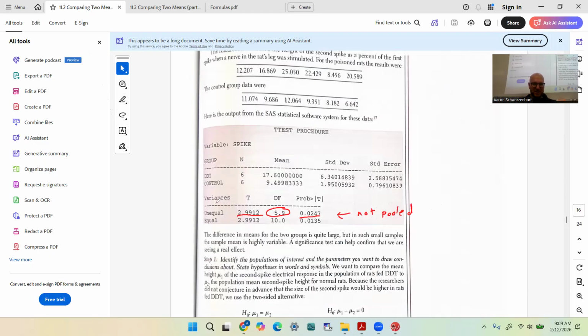The key thing is variance is unequal is what you'd want to use, unless they tell you to pool, which would be the equal case. You pool when the variances are equal. So I've got a p-value of 0.0247.